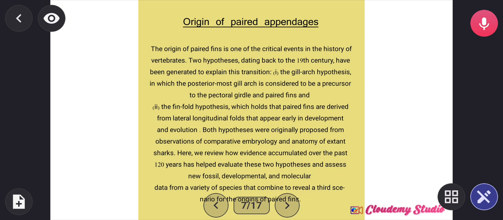Both hypotheses were originally proposed from observation of comparative embryology and anatomy of extant sharks, which means the evidence that supports the fin fold theory as well as the gill arc theory is embryology, anatomy, and paleontology, which I'll be talking about very soon.